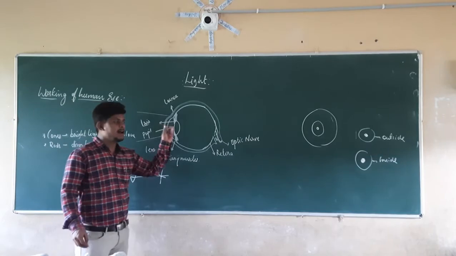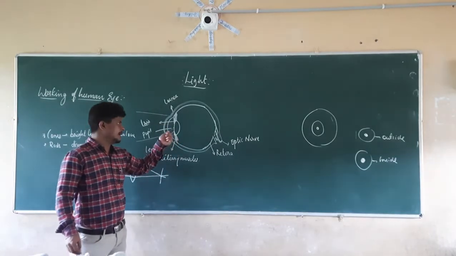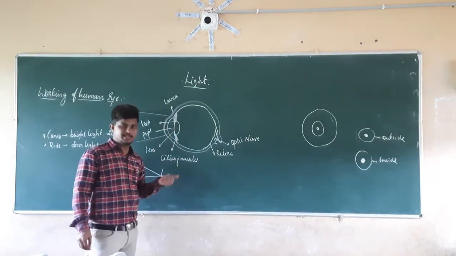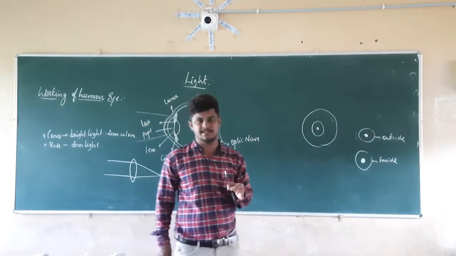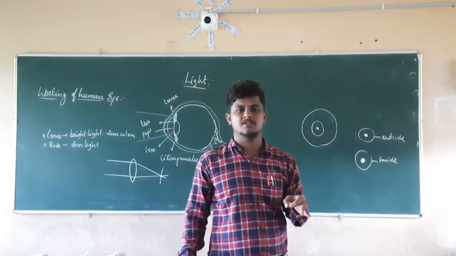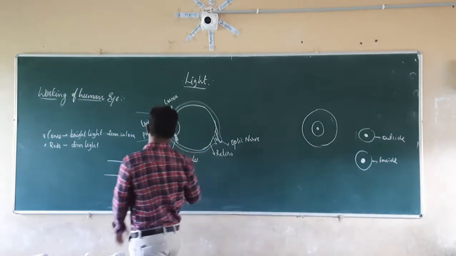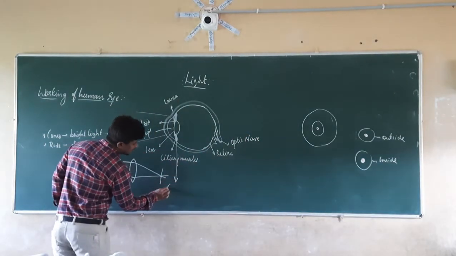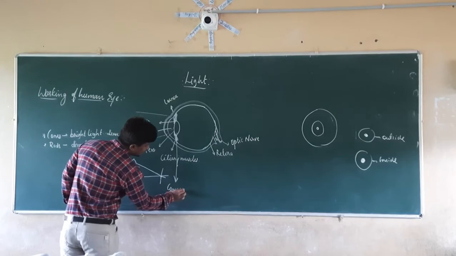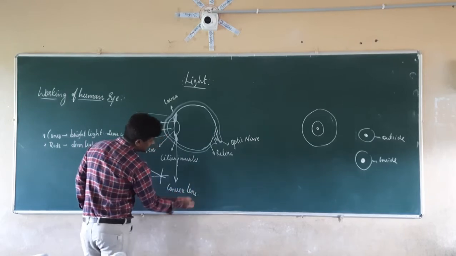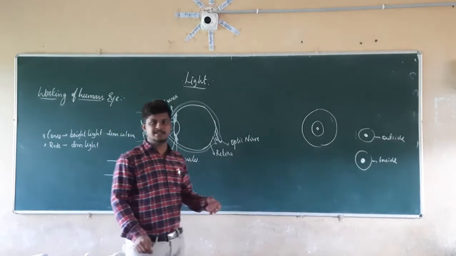It is made from a jelly-like substance, and it is a converging lens. A converging lens is nothing but a convex lens, or crystalline lens, made from a transparent jelly-like substance.